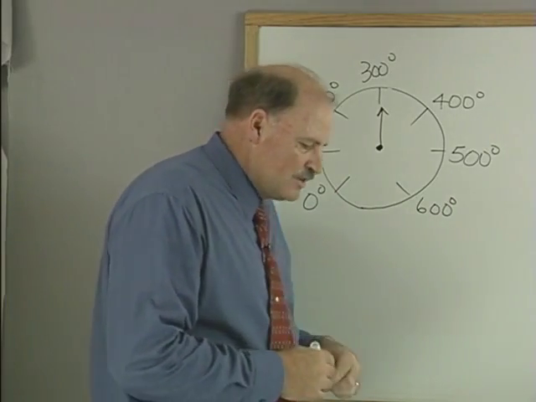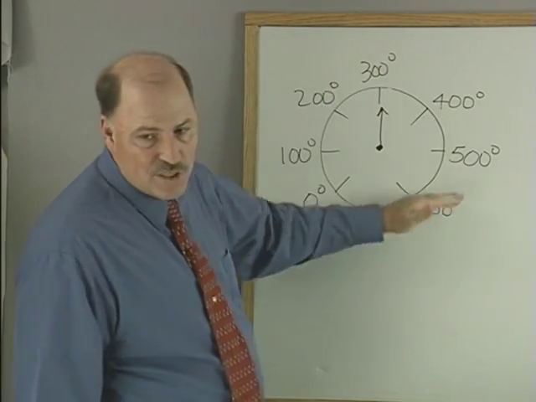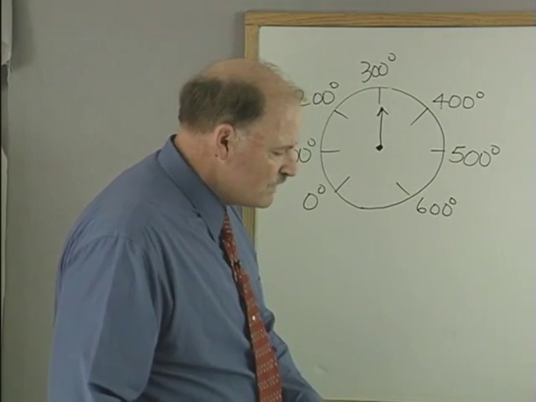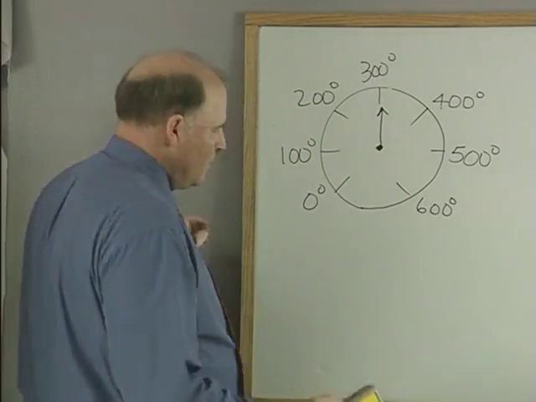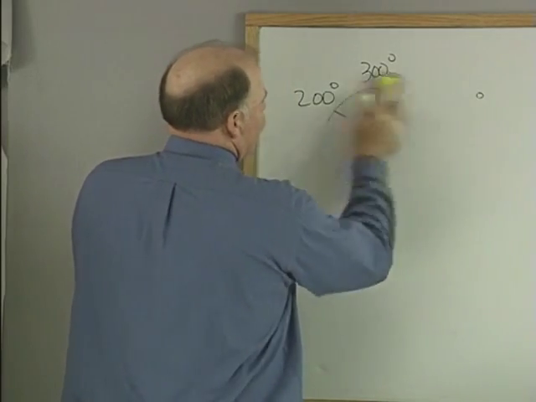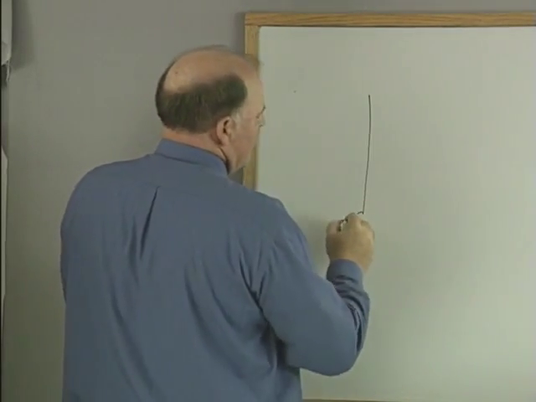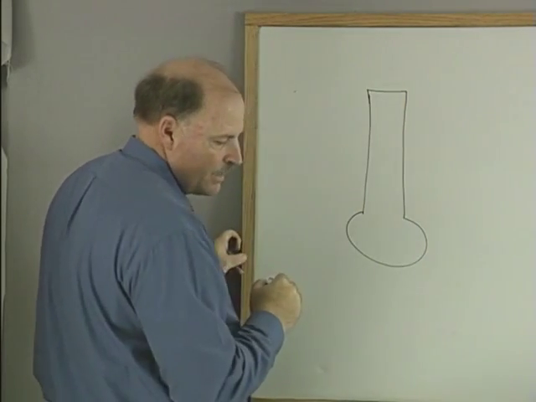Okay. So when you're reading gauges, the first thing you want to find out is how much between each spot, and then go back and read the gauge. Now, have you ever seen a thermometer on a chalkboard? Okay, you're about to. This will be a thermometer. And this is the mercury down here that rises in the thermometer.